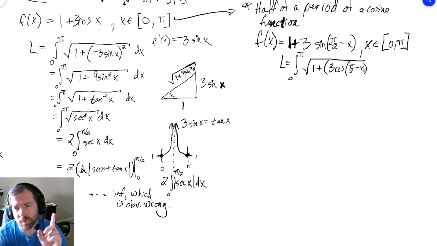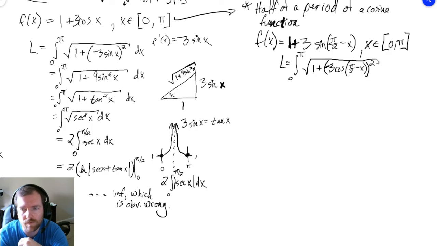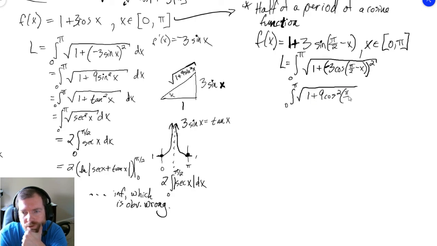But then we have to multiply by the derivative of the inside here, which is a negative. And then square it, so it doesn't really matter if it was negative or not. The integral from 0 to pi of the square root of 1 plus 9 cosine squared of pi over 2 minus x.